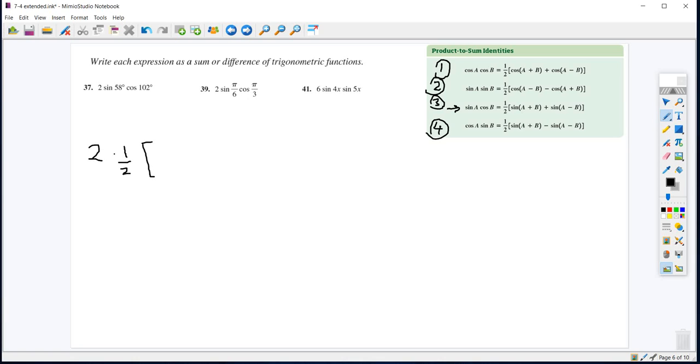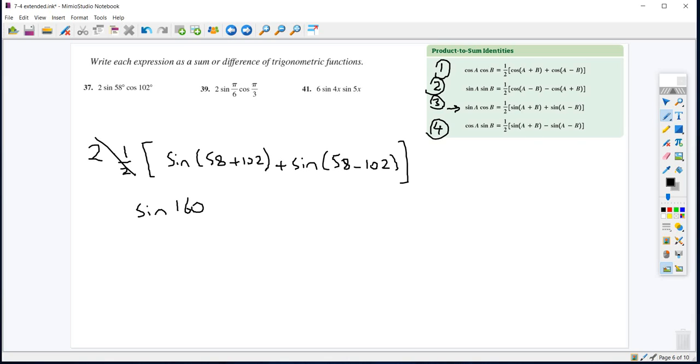And it says sine A plus B. So basically we will have 58 plus 102 here. Plus sine A minus B. So that is 58 minus 102, like this one. Let's do the math. As you can see, they cancel. We don't have a coefficient at all. So it will be just sine 58 plus 102. That is 160, I guess.